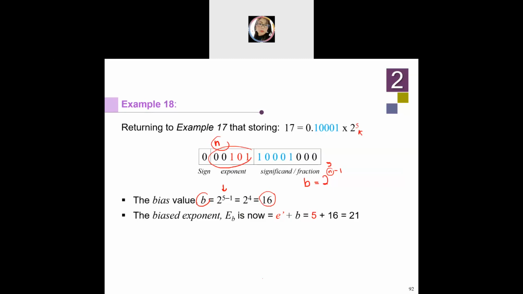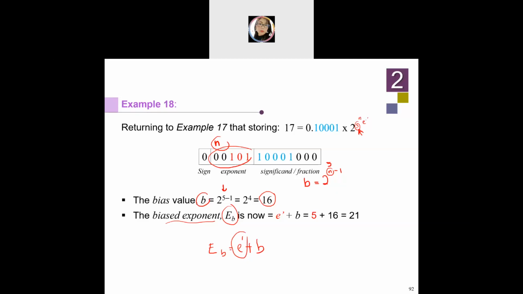After that, I already mentioned that we have another equation for our bias exponent, which is EB equals E prime plus B. E prime will always be given in your equation. Where is it? It is here. This is not N, just now I mentioned, right? This is E prime.